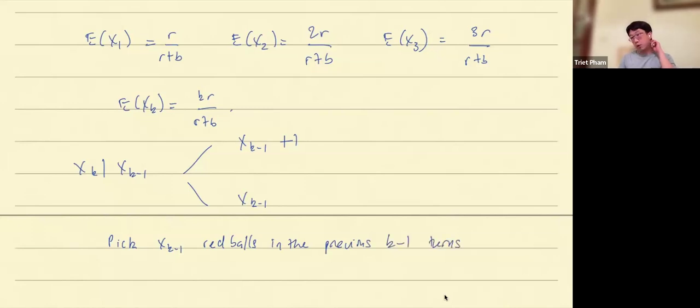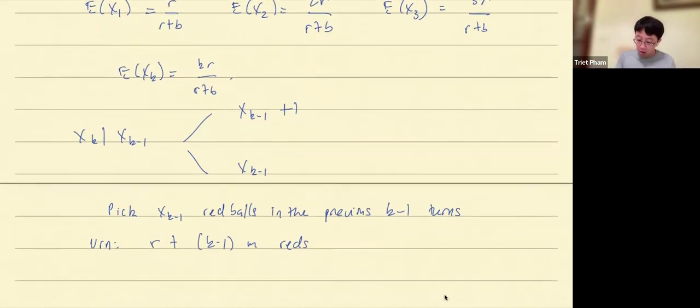Then what's the composition of the urn right now? Then the urn will have r plus k minus 1 times m reds. Because that's how many times you add the red balls into it. How many blues?